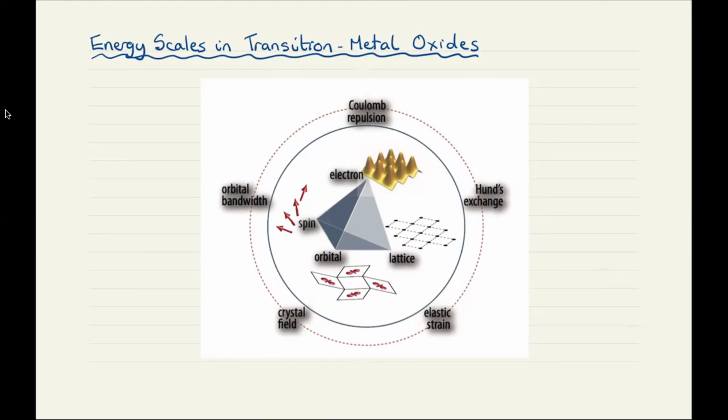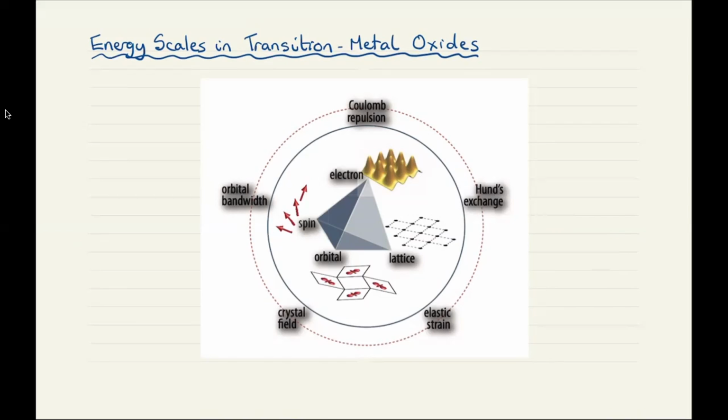And all of these factors are of similar energy scales in transition metal oxides. And so they all will compete or cooperate in determining whether or not a phase transition will take place.